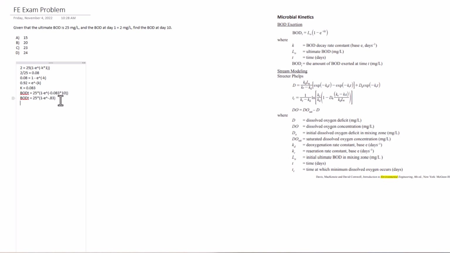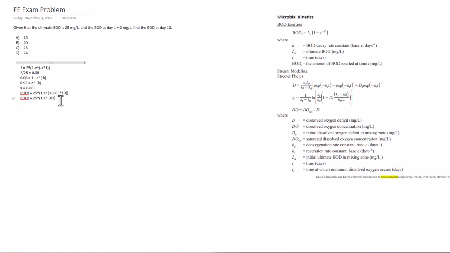Okay, and let's start calculating out these values here. So e raised to the negative 0.83, we're just going to put that in our calculators real quick. And that equals 0.436. So we can go 1 minus 0.436 equals 0.564 times 25.